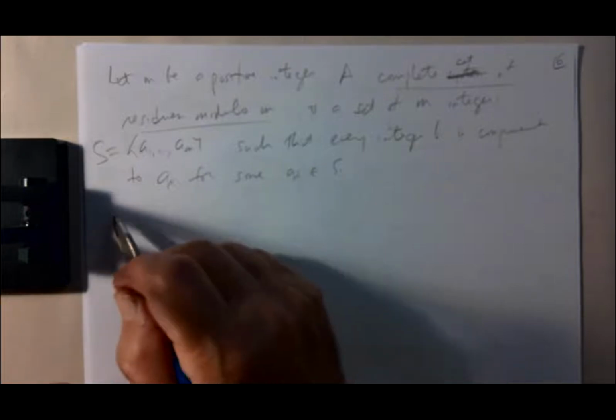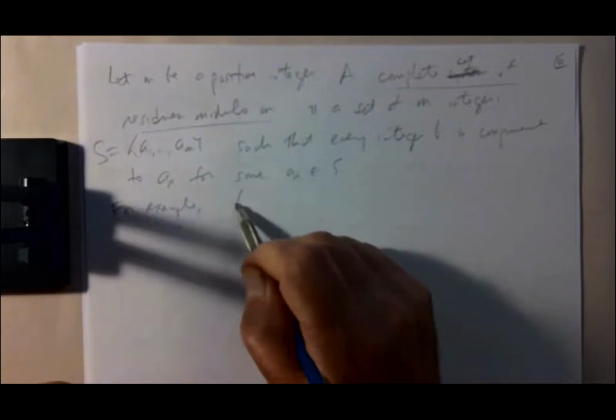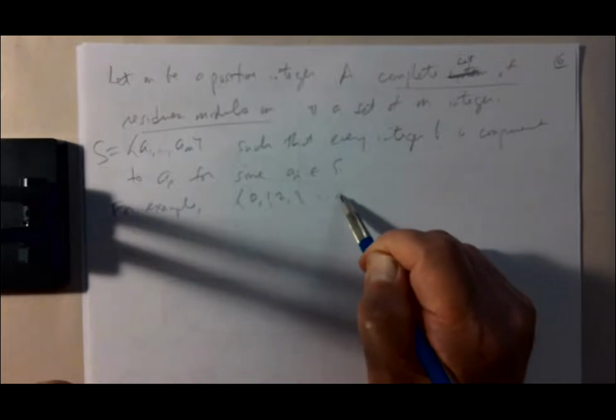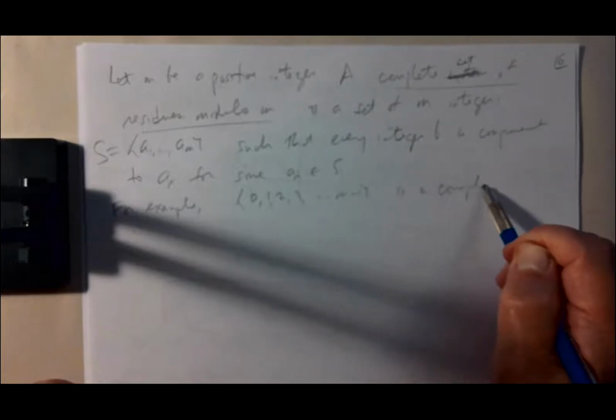The complete set of residues mod m is just m integers, one from each congruence class modulo m. For example, if I take the set of integers 0, 1, 2, 3, up to m minus 1, this is a complete set of residues.